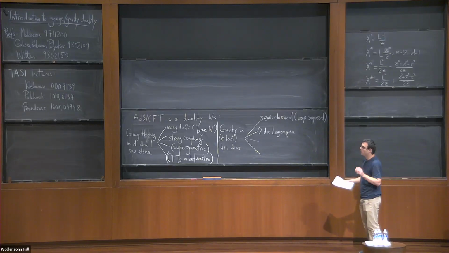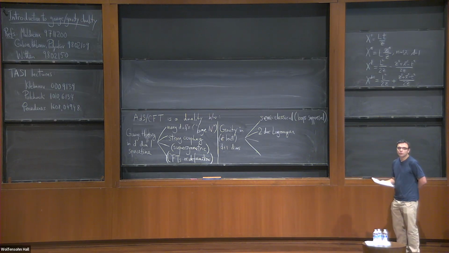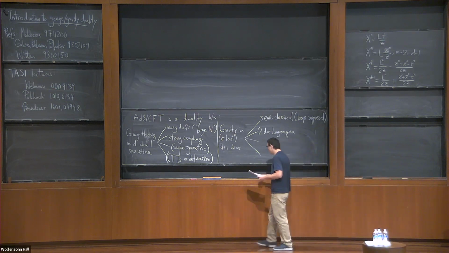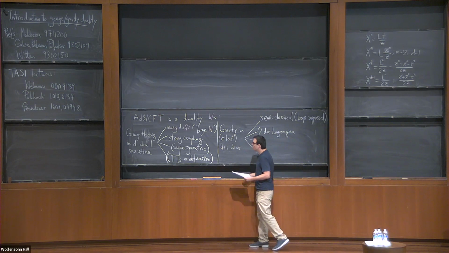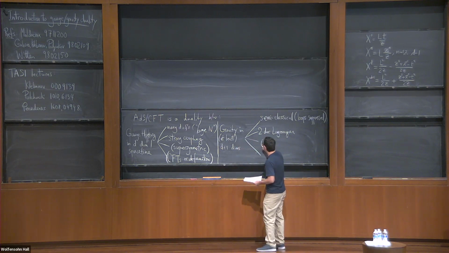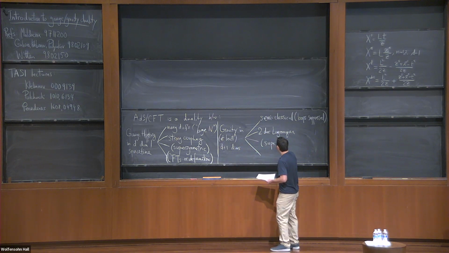And I'll explain later in this lecture series how to go beyond two derivatives to more derivatives and what one can learn about that. If the gauge theory is supersymmetric, then the description in terms of gravity is in terms of supergravity.